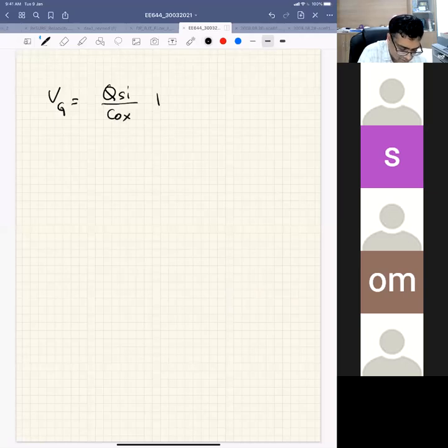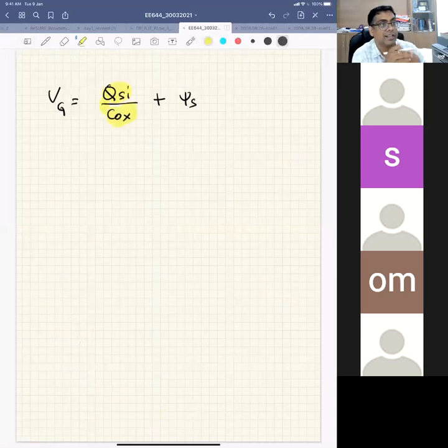See this, this is the voltage drop in the oxide, right? The voltage drop in the oxide depends on the electric field in the oxide, and the electric field in the oxide depends on the charge in the silicon. So this is your V_ox part, and it depends on the charge in the silicon.